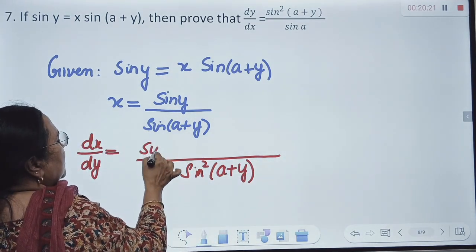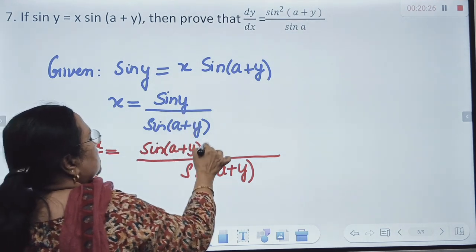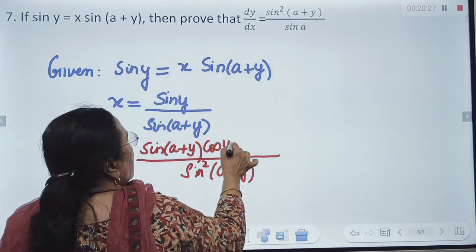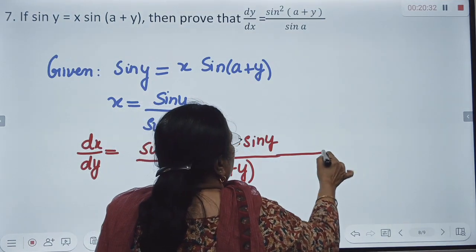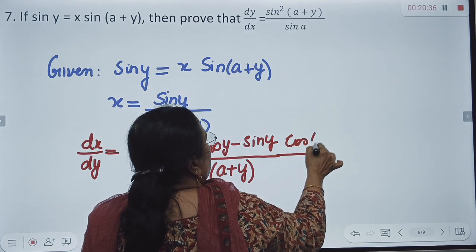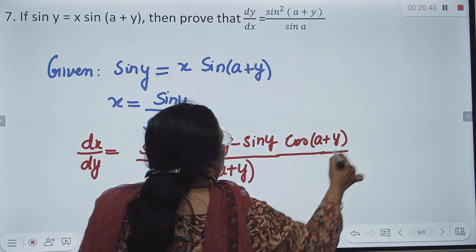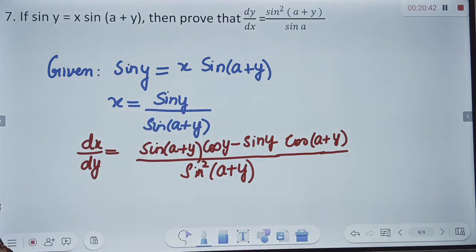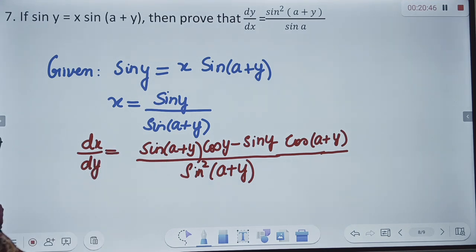Then the numerator, using quotient rule, sine of a plus y, derivative of sine y is cos y, minus numerator sine y into derivative of the denominator, which is cos of a plus y. Okay, this is of the form sin a cos b minus cos a sin b.